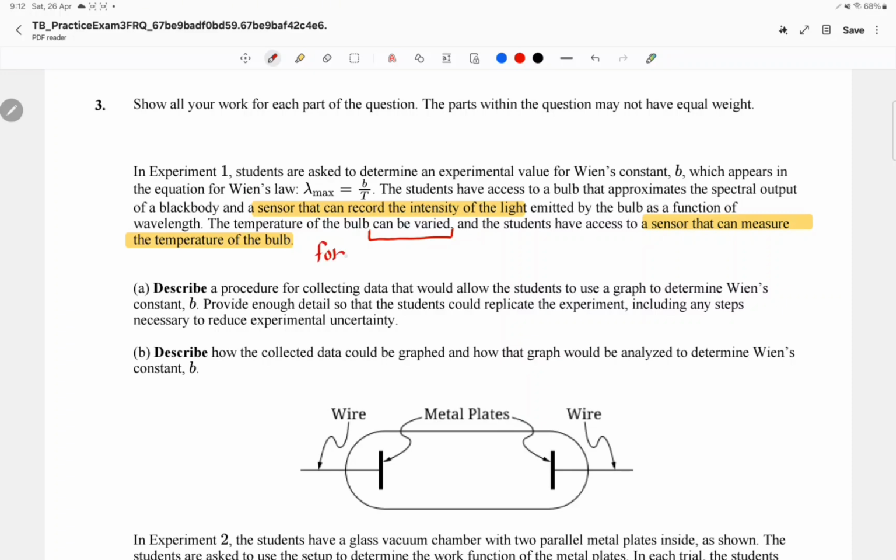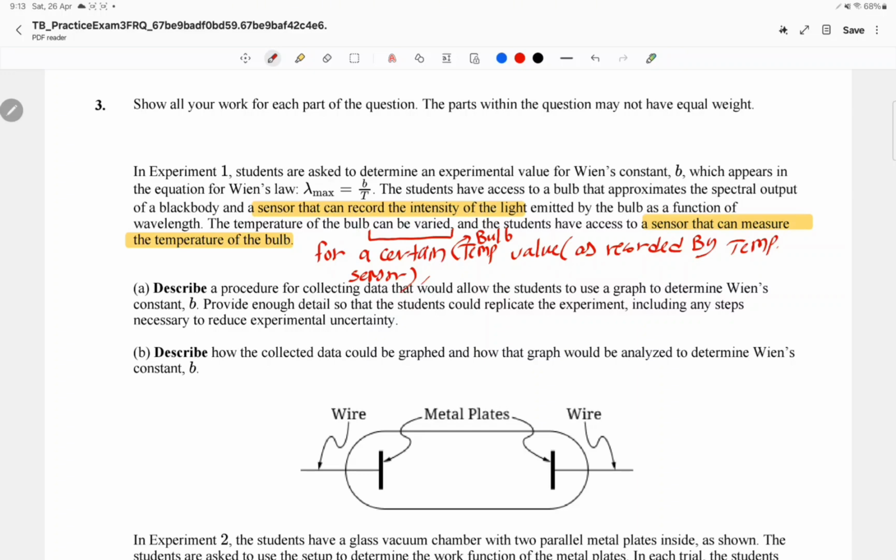Okay, for a certain temperature value as recorded by the temperature sensor, bulb temperature value.